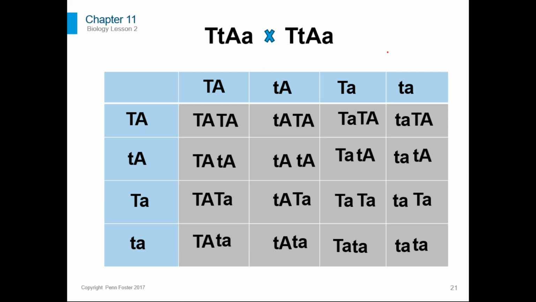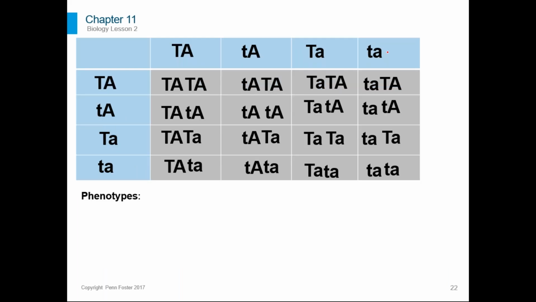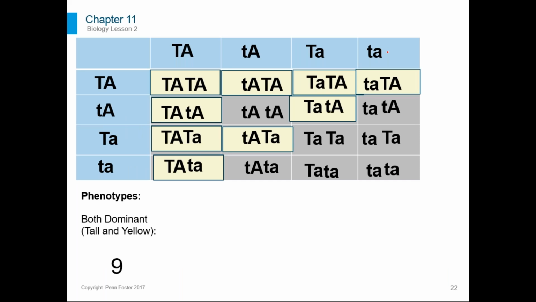Now, the phenotypes for this are more complicated when you're looking at two traits, because now there are different combinations that we could have of height and color. So having both dominant traits, tall and yellow, is the most common, with 9 of these example offspring having at least one tall gene and one yellow gene.